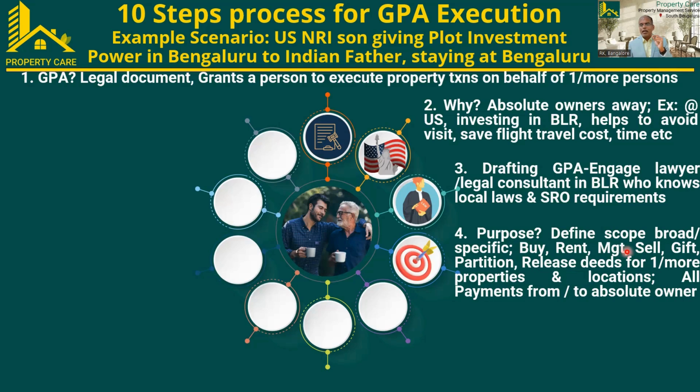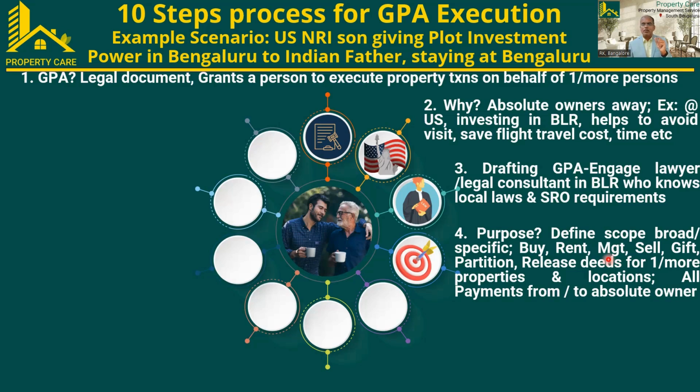So buy, rent, management, property management, like we do property management business in Bangalore for the last 10 years. Somebody authorizes, suppose you want to sign a rent agreement and an absolute owner is in the US. So he can give a power to his father. He will sign on behalf of me for rental agreements or any other rental requirements.